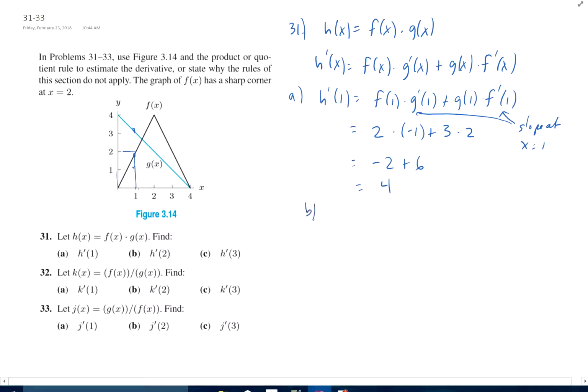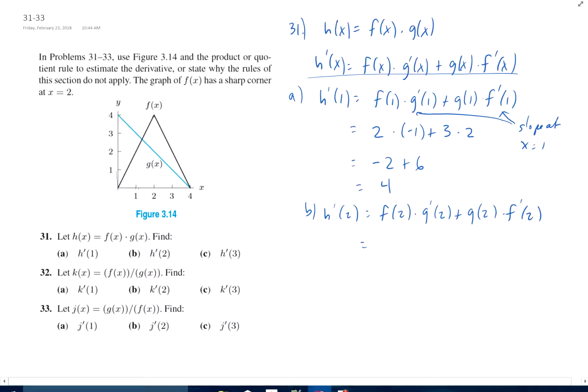Okay, B, h prime of 2. Just got to write it out. F of 2, I'm going back up to here, times g prime at 2, plus g of 2 times f prime of 2.